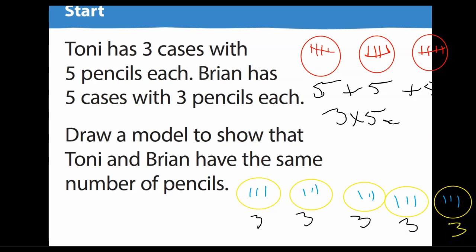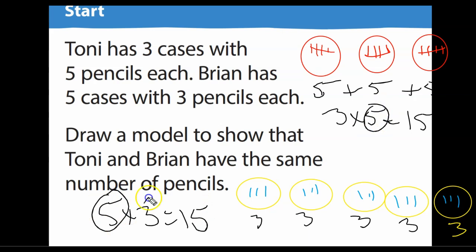Okay. So Brian has 5 cases, 5 times 3. So is 5 times 3 and 3 times 5 the same thing? Which is 15. How do I know that? Is because the factors are the same. Okay.